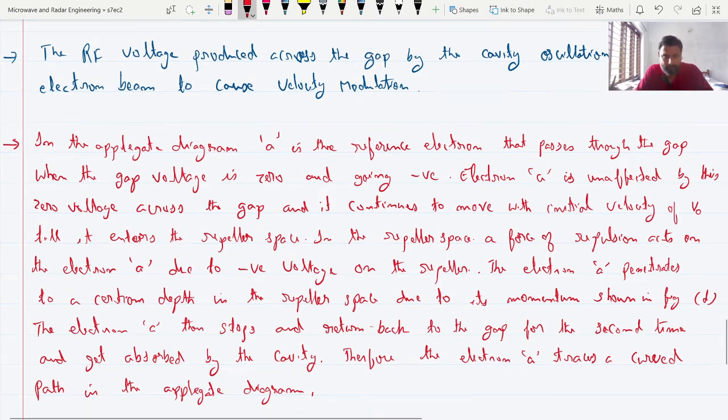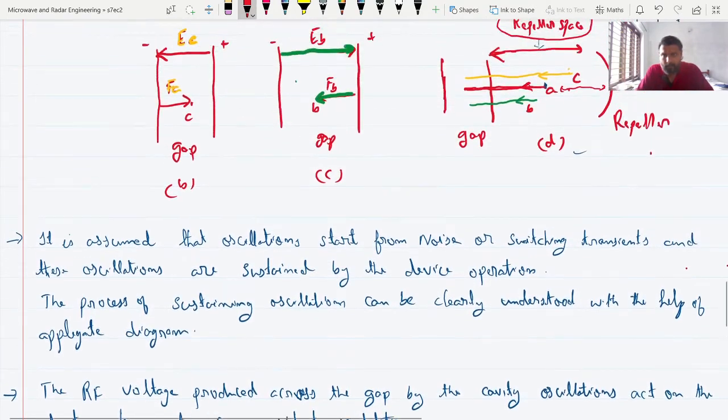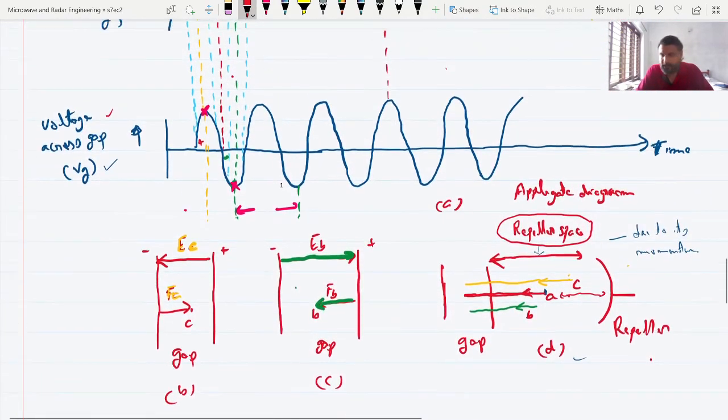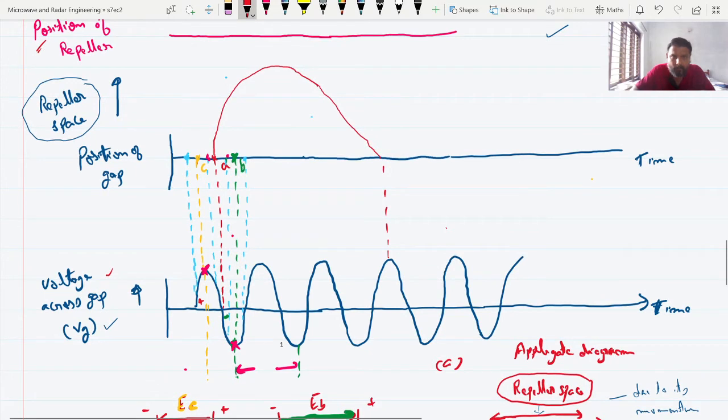Next I will take the reference, the electron C, that is in the yellow color.